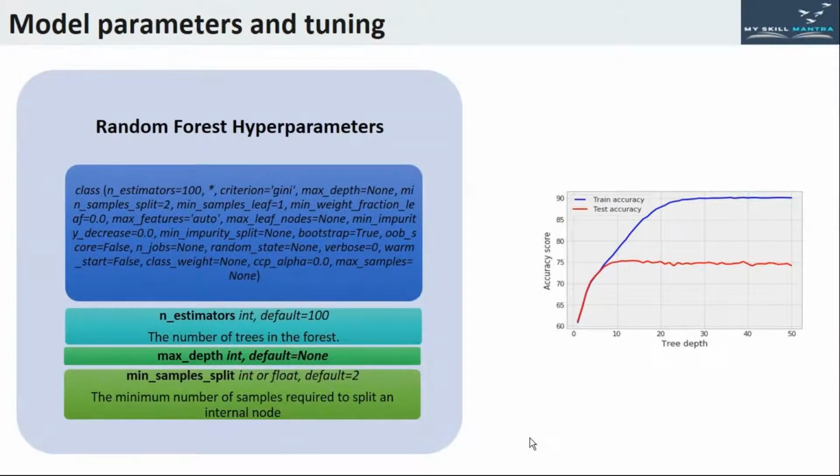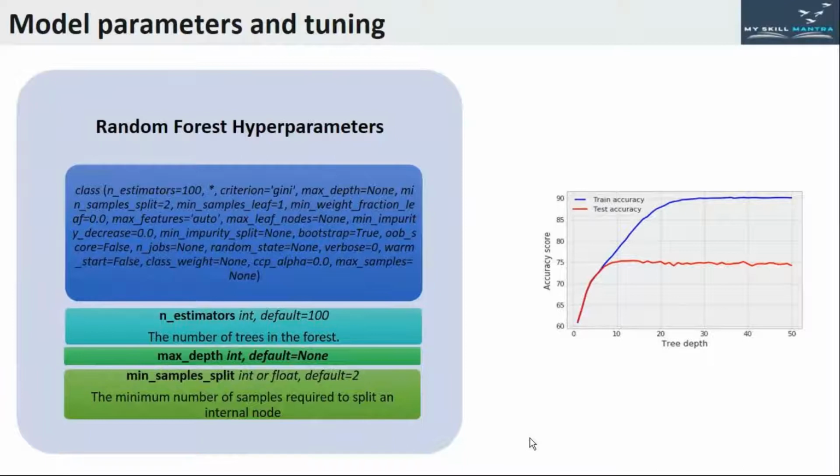So maybe the number of trees that you have selected in the random forest can be changed to get higher accuracy, or we can use a technique called the grid search algorithm to pass various scenarios, and accordingly we can get an optimal parameter value. So this is also a part of model maintenance, and we can look into that in detail.